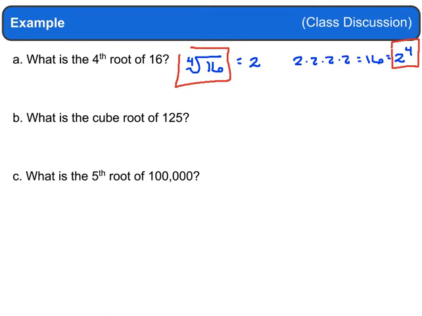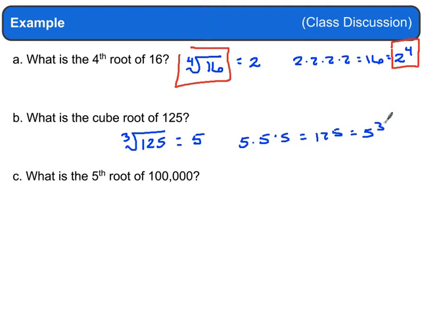So then they ask the next one, what is the cube root of 125? Of course we know that answer to that is 5. That's because 5 times 5 times 5 is 125, which is the same thing as saying 5 to the third power.